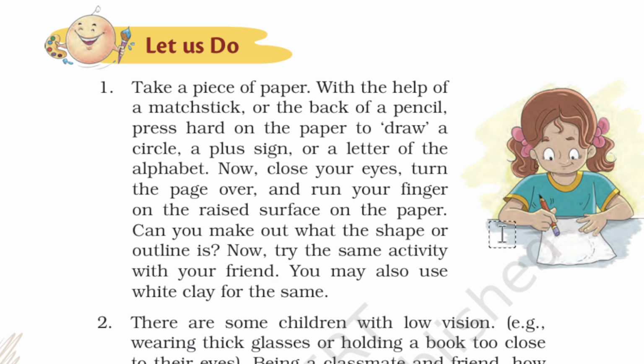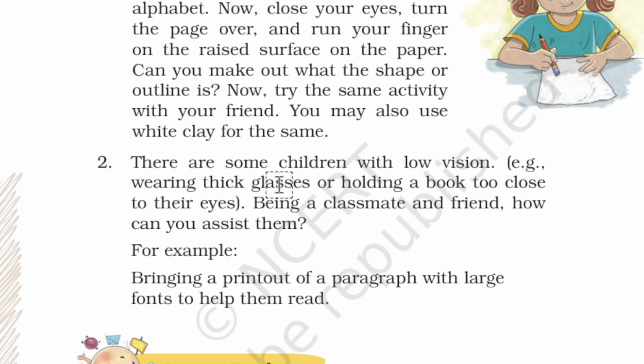Okay, like tracing. There are some children with low vision, for example wearing thick glasses, holding a book too close. Being a classmate and friend, how do you assist them? Do you help them? You can help them.